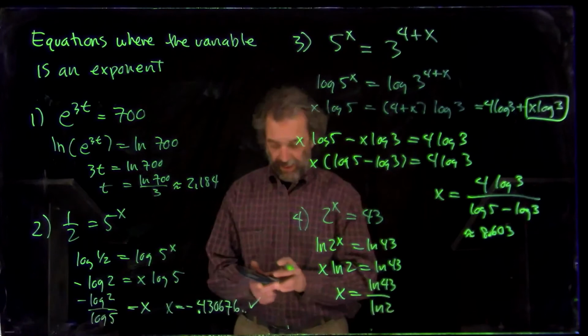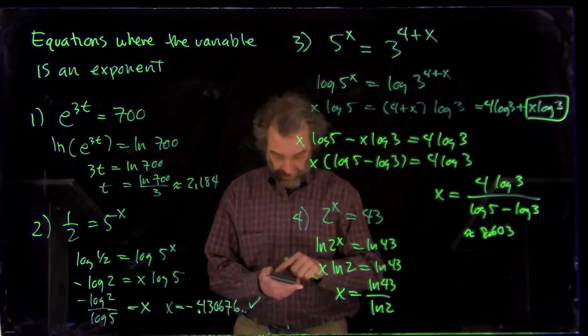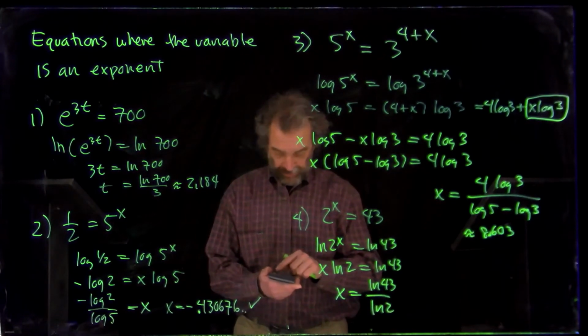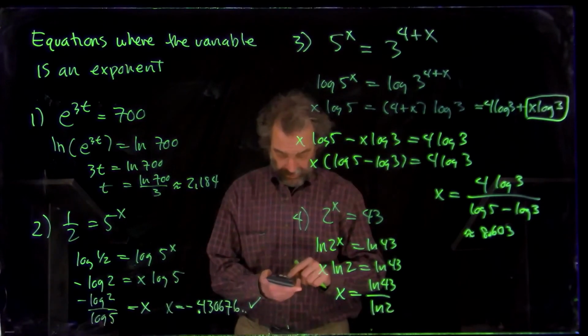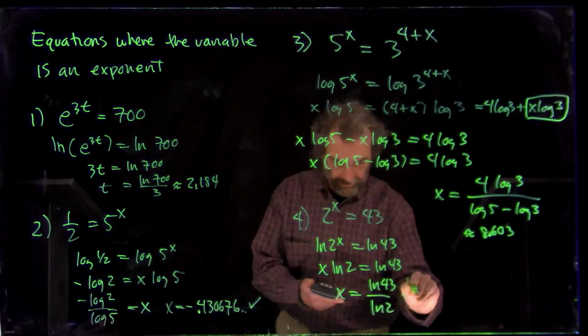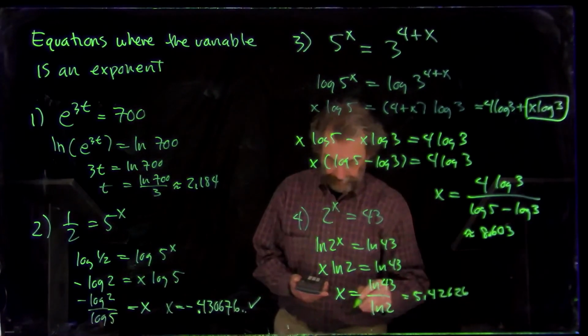Let me check that one out. Here we go. Clear this out. Natural log 43, close parentheses, divided by natural log 2, close parentheses. Go. 5.42626 and change.